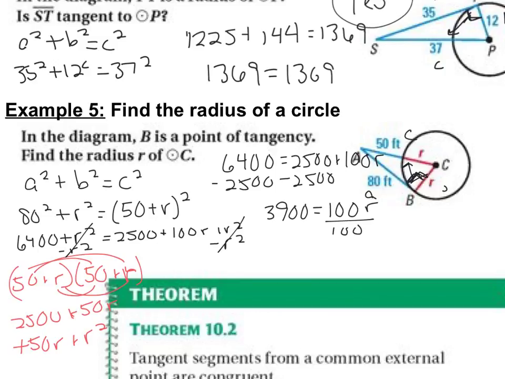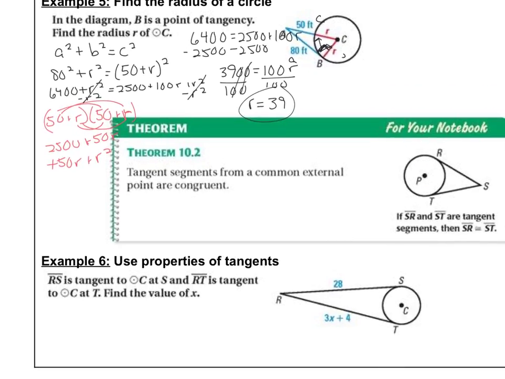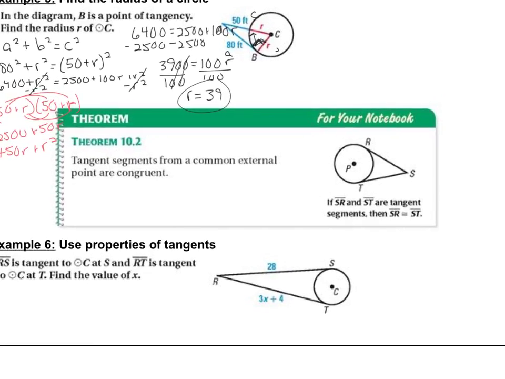Divide by 100, divide by 100. R in this case will equal 39. Okay? Lot of work going on there. That's probably one of the more difficult ones we'll encounter, but you know we'll do more work on that.